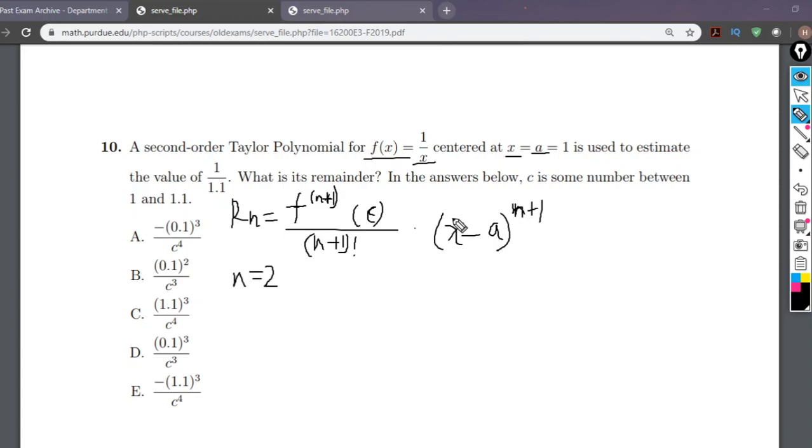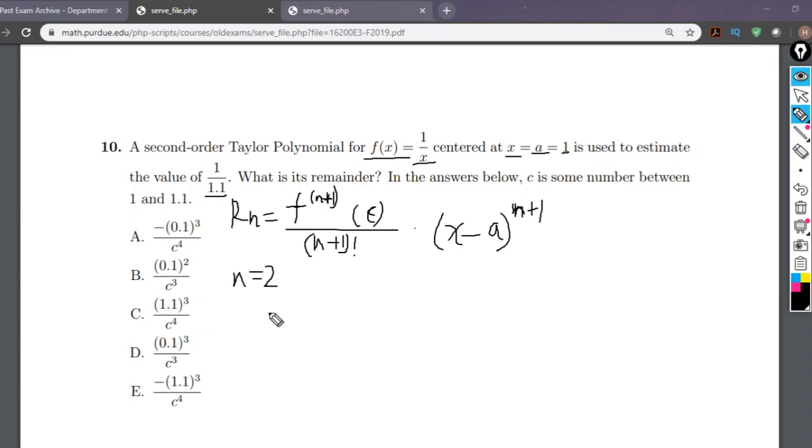And x is 1.1, since we are trying to estimate this, and it's 1 over x, so x equals 1.1. And a, as shown here, is 1. And we would be taking that to the third power here.